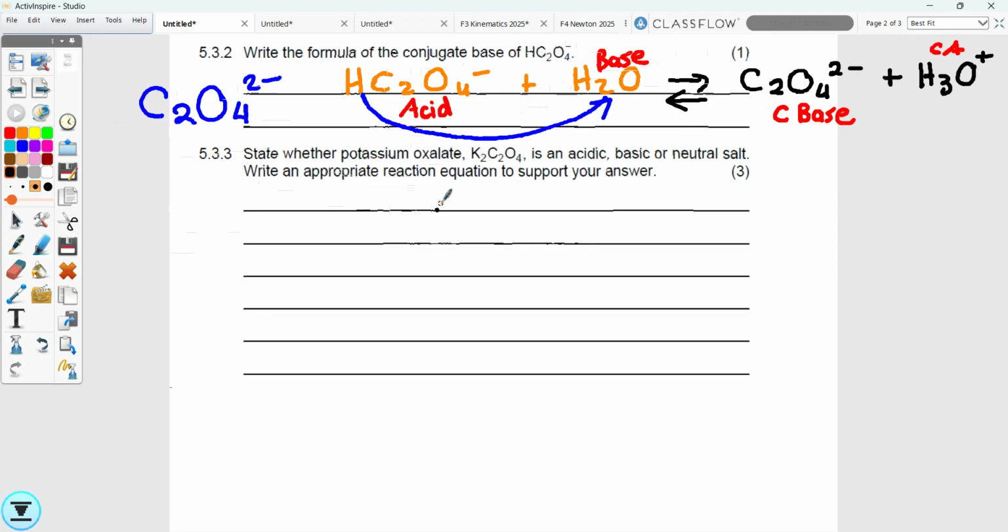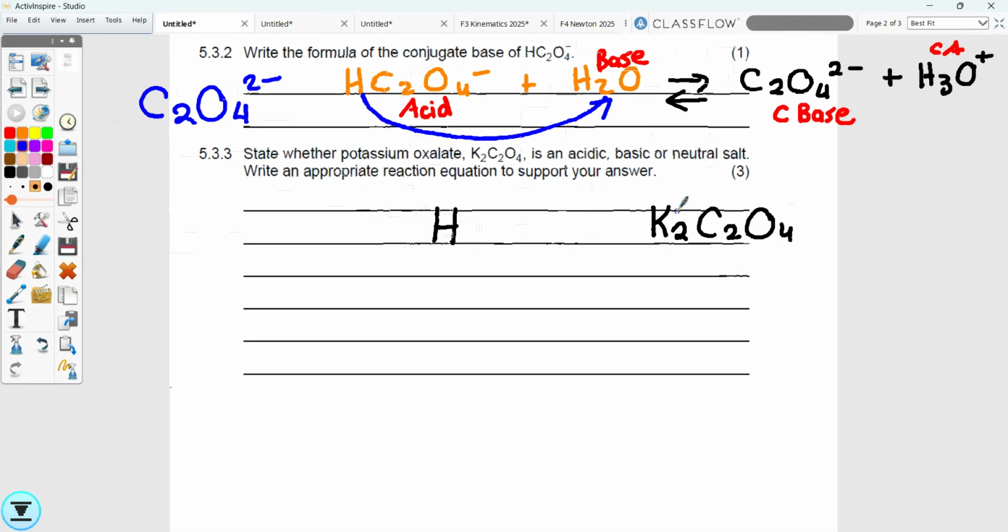A salt is a substance in which the hydrogen of an acid is replaced with a cation. So if you look at K2C2O4, where's the cation?